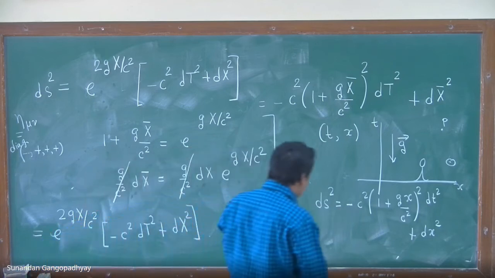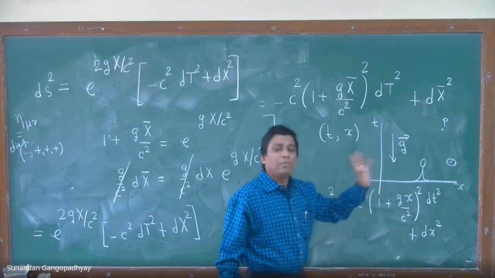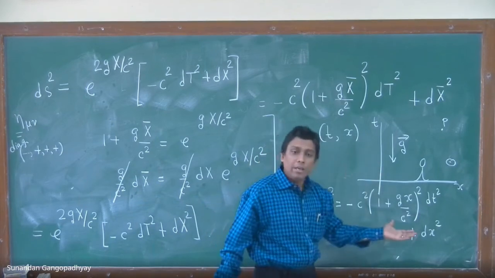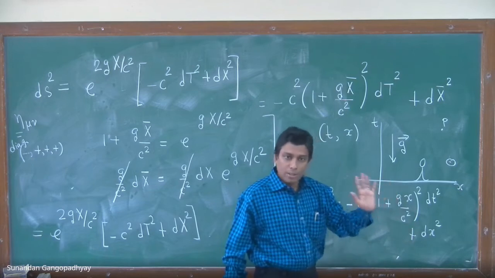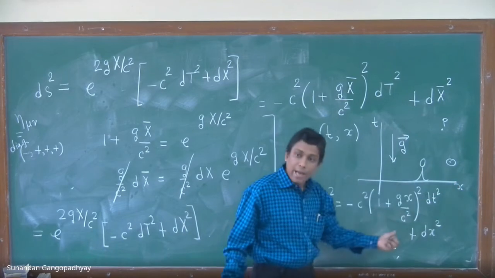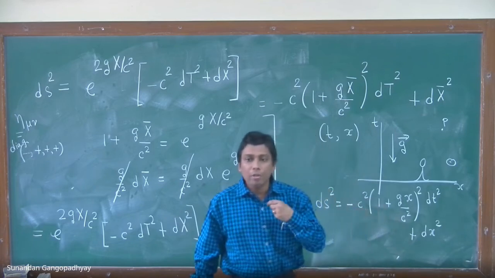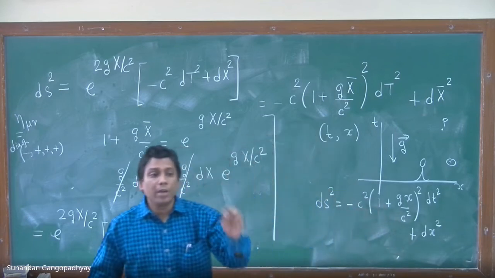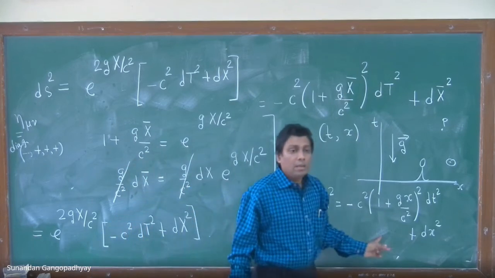So what it basically says is that you could have derived it in a different way also. This result could have been derived in a different way. That also we can do. It is completely different. You can start from this problem and try to derive directly what my metric will be in a uniform gravitational field. But what we have done is a trick.